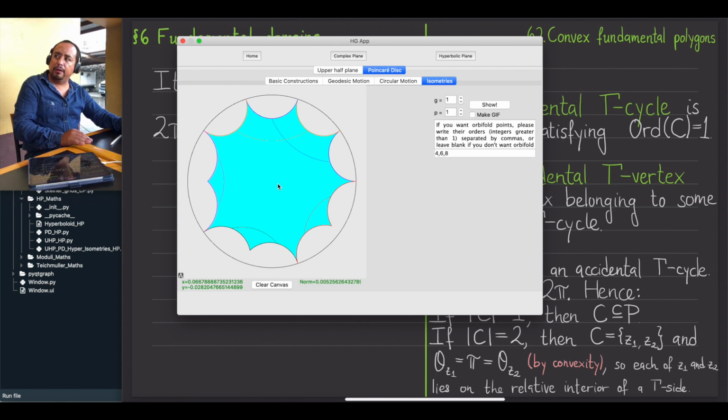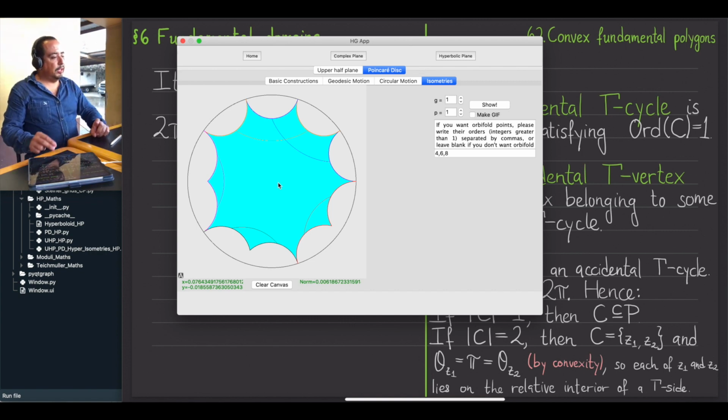So let's start by taking a point in P. We have seen that if we take a point in P, then any non-identity element of the Fuchsian group gamma takes my point outside the topological closure of P in H.